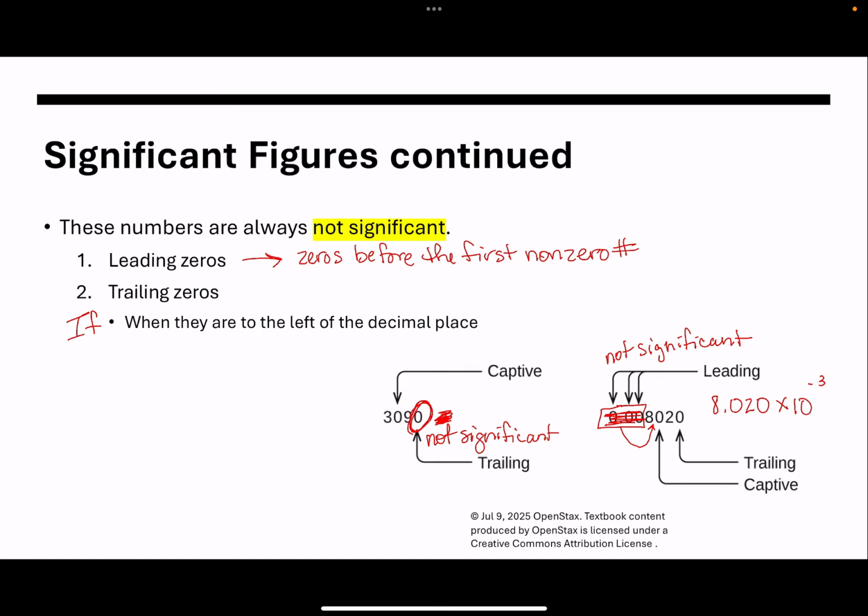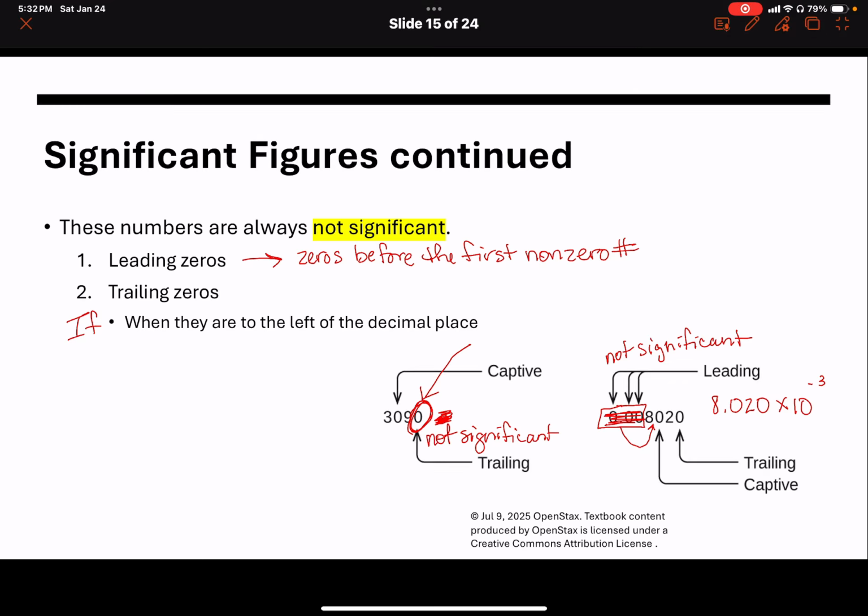And basically, what that means is that this number, you can think of it as a rounded number. This could actually be 3090.45, but we have, based on our measuring device, no way to know that, or no way to know if this was actually 3092, but our measuring device wasn't specific enough to know that, so we couldn't put the two.